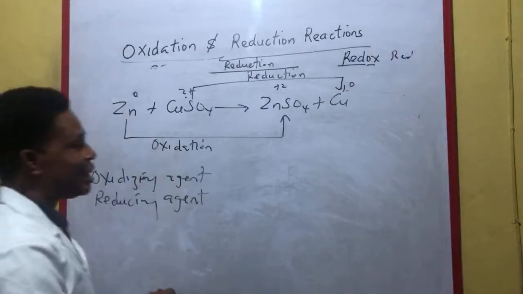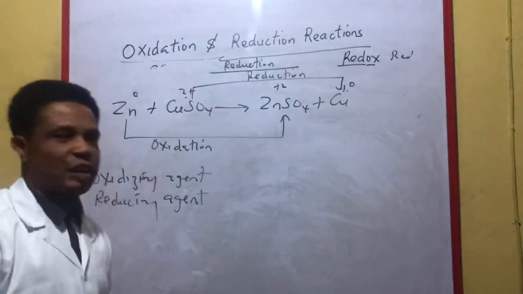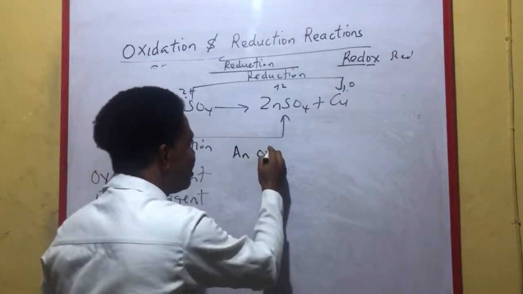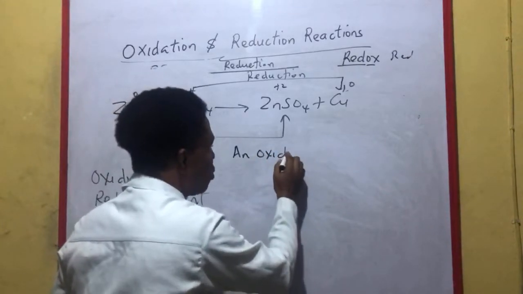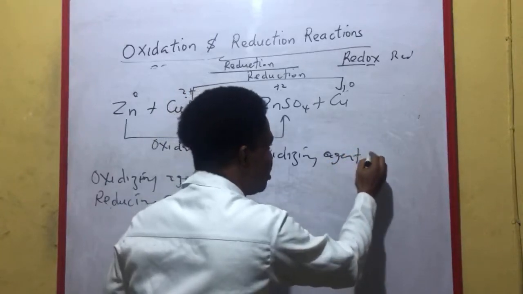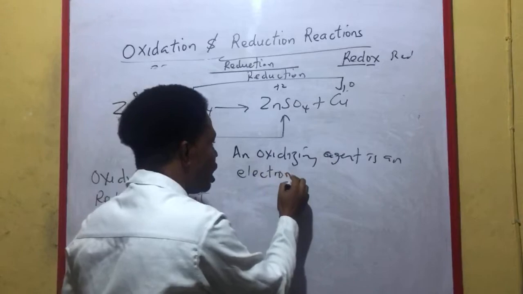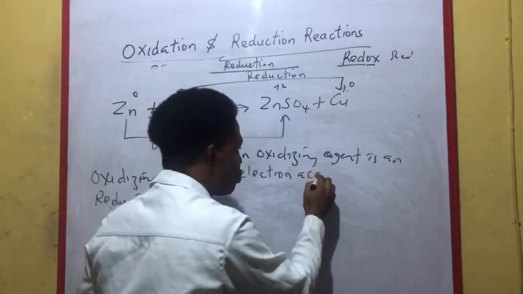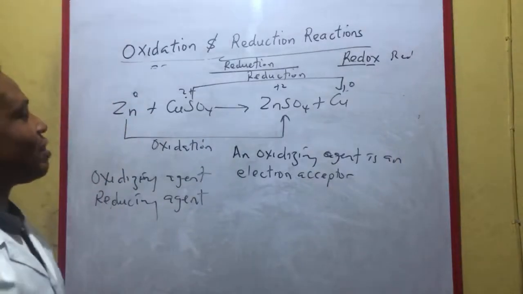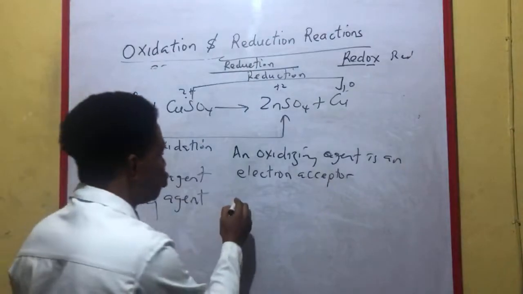So I can say that an oxidizing agent is an electron acceptor, while a reducing agent is an electron donor.